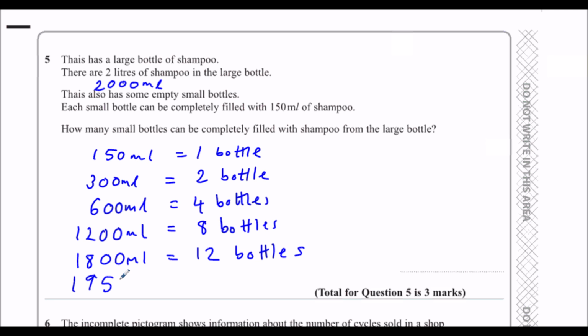So 1,950 millilitres is 13 bottles. And I can't get another one because it won't be able to fill it. I've only got 50 millilitres left, so I won't be able to fill another one. So I can fill 13 bottles completely, and I'll have 50 millilitres left over.